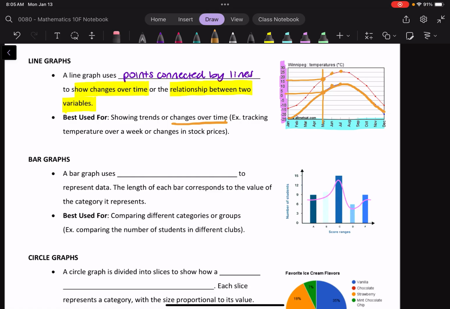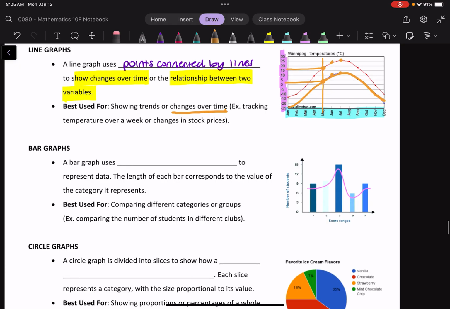When I want to show someone's height versus their shoe size. Okay, if I want to show their height versus their age, how their height is changing over time. So if I'm looking at two variables at once, line graphs are pretty good.